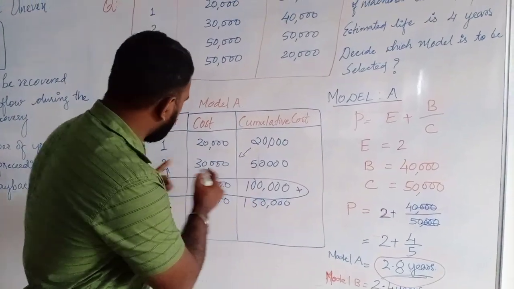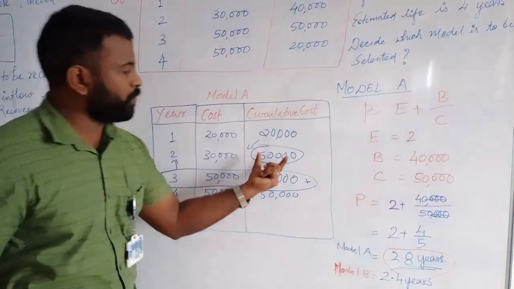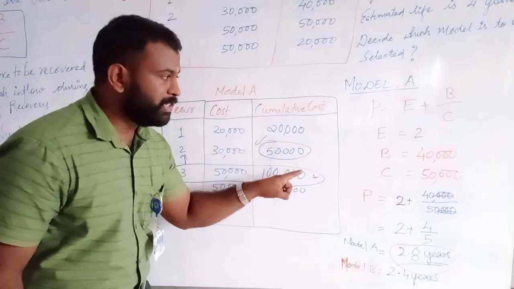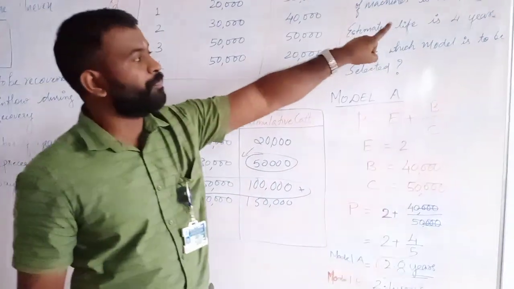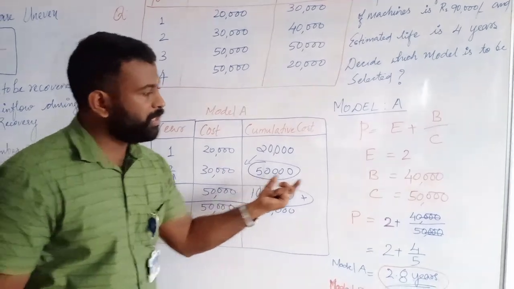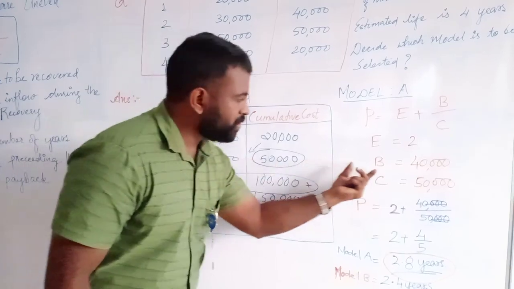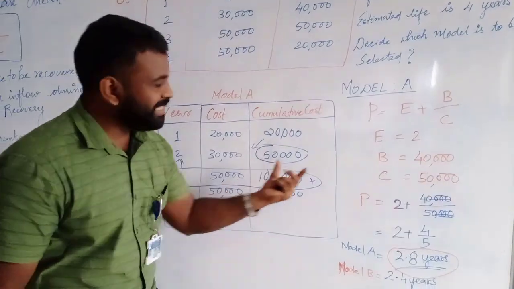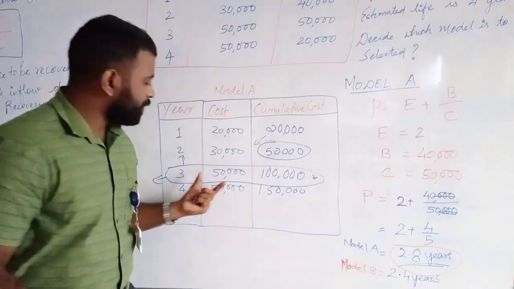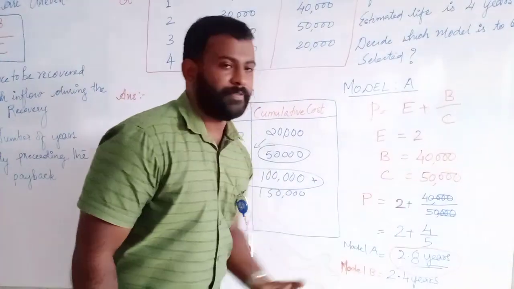In our example, in the second year the cumulative cash inflow is 50,000, so the balance of 40,000 is needed to recover the initial investment of 90,000. So B is equal to 40,000. C is the cash inflow of the payback year, that is 50,000. Thus C is equal to 50,000.